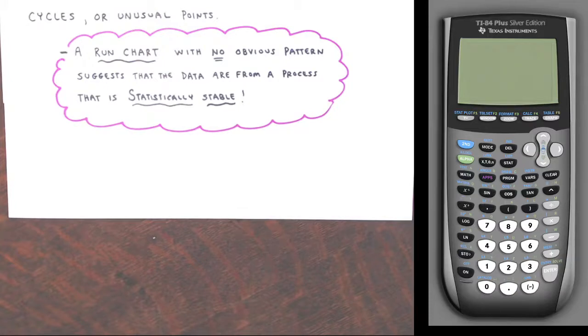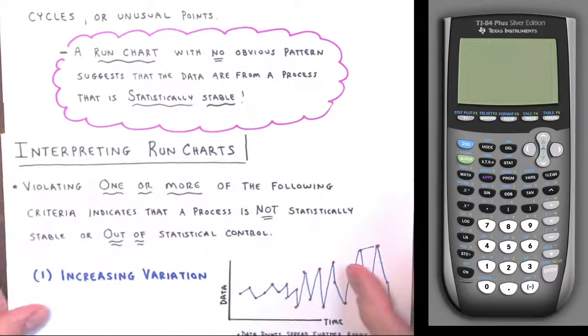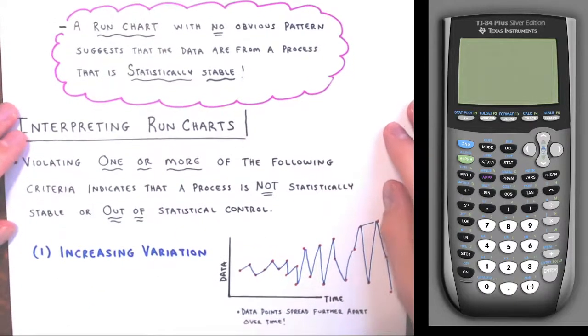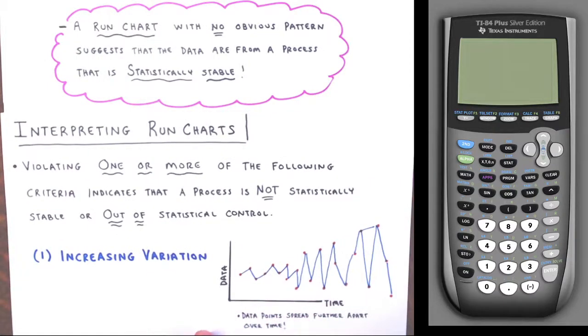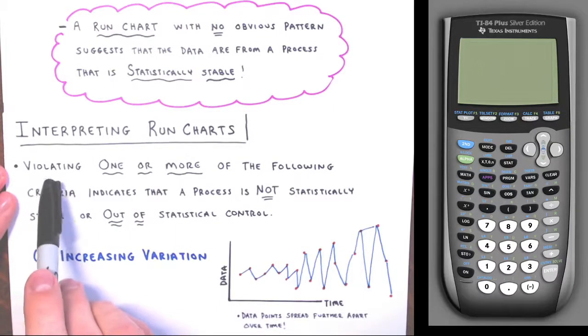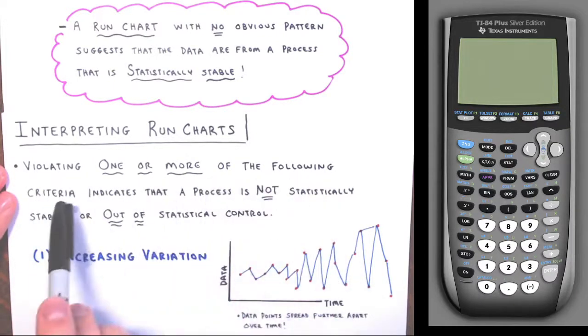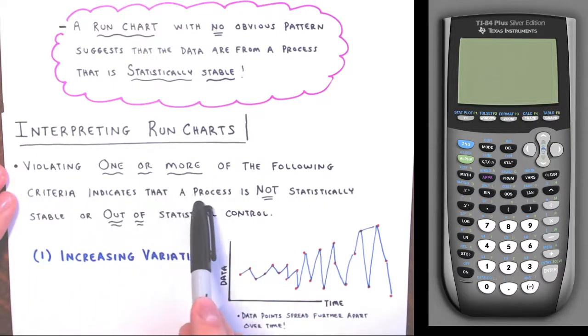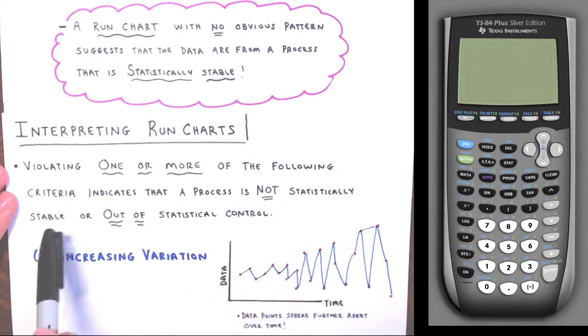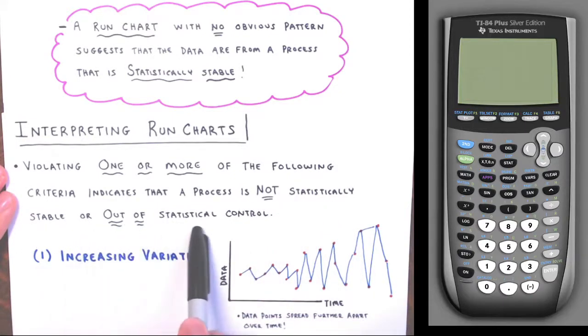So how do we interpret run charts when we're looking at them? Violating one or more of the following criteria would indicate that a process is not statistically stable or is out of statistical control, and then there's something wrong.